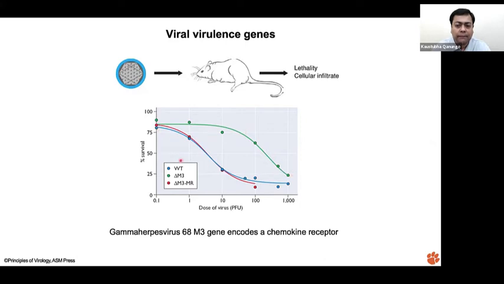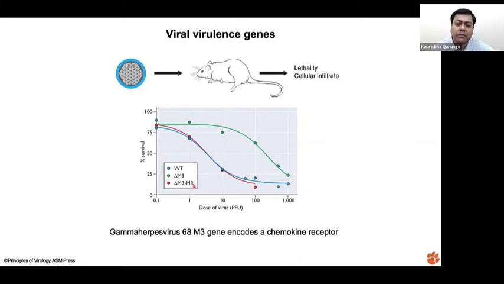If you look at the 50% LD50 right here, you can see that it is in between 100 and 1,000, and it is not exactly in the middle, so maybe around 300 or 400, but you can see the increase from 50 to 300 or 400. Now, just to check that this is really a virulence gene, this is called the delta M3 marker rescue, which means that first the gene was deleted from the herpesvirus genome, and then the gene was put back in.